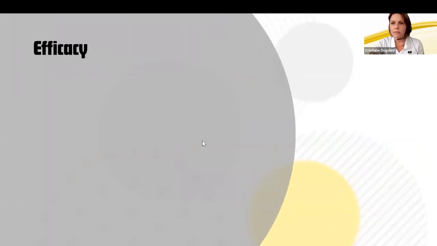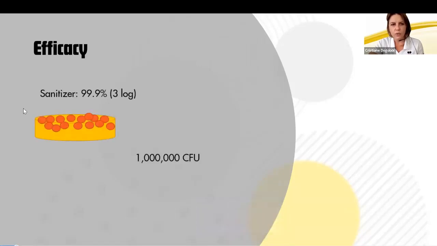Just to make it clear for you about the efficacy, let's talk about, in most of the countries, a sanitizer. A sanitizer, roughly speaking, is going to reduce the number of pathogens on that surface by up to 99.9%.